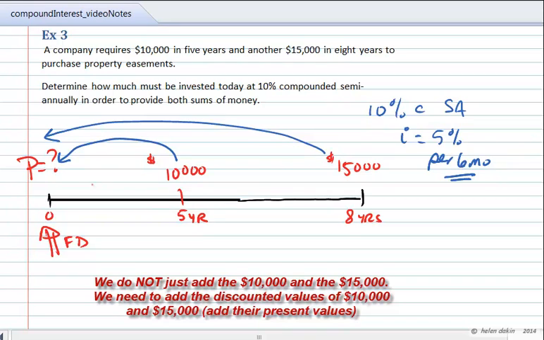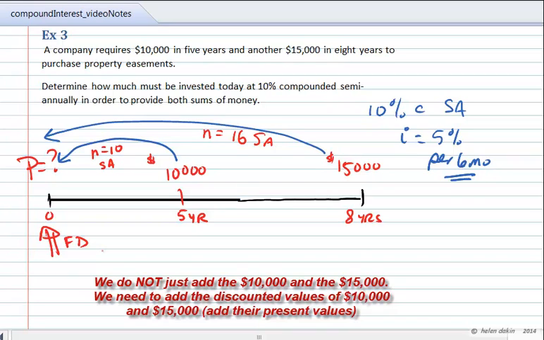Well, in 5 years, $10,000 has to be discounted over a period of n is equal to 10 semi-annual periods. There's 2 periods per year. And over the 8-year time period, to discount that $15,000, I need to discount it over a period of 8 years or 16 semi-annual periods. I think I have enough information now to put everything together.